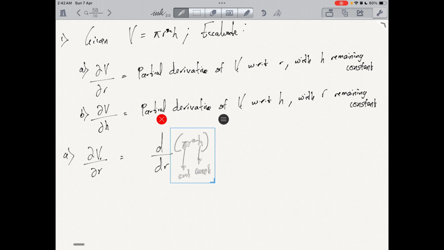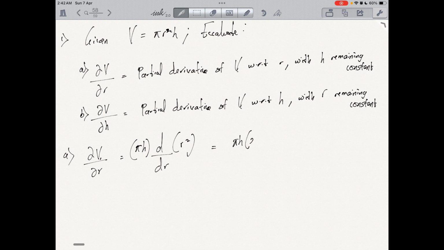So we will write it as pi h, which is just multiplying, and r squared. So this will give us pi h multiplied by 2r, which is equal to 2 pi r h.